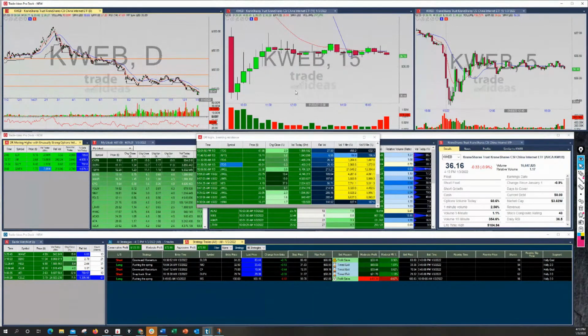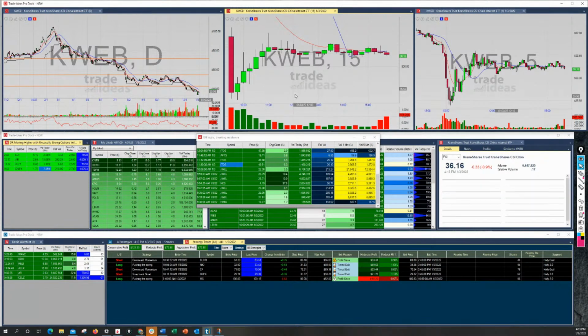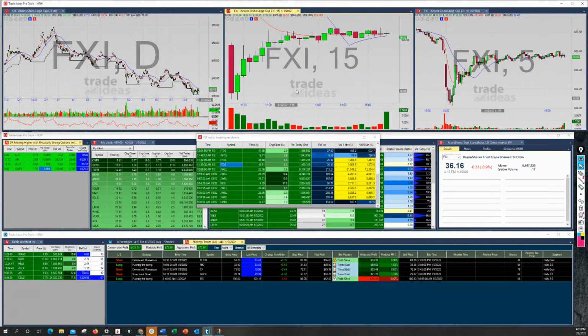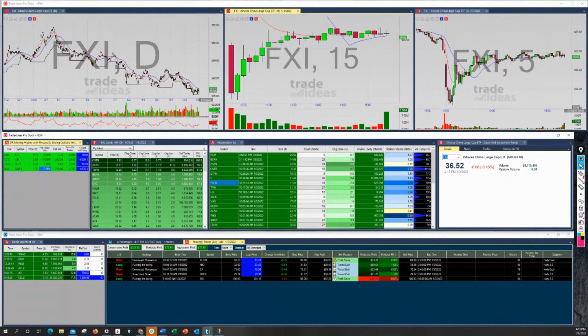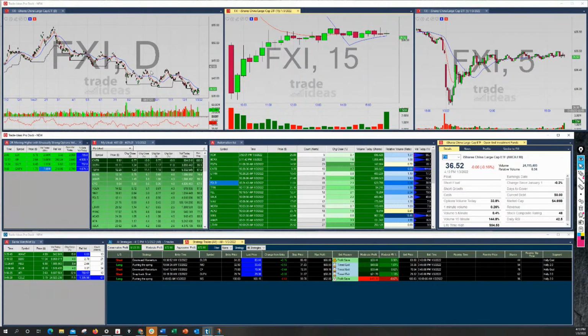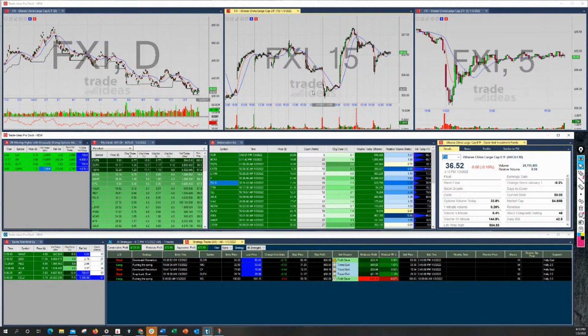I don't know what that means, but okay. If you could elaborate on that. And then FXI is your Chinese large caps, and this chart is just as ugly as that. So it holds me away. If it's something from China, I want to take it as a day trade, not a swing trade, and I'm usually more looking for swing trade setups. So that's what's holding me out.